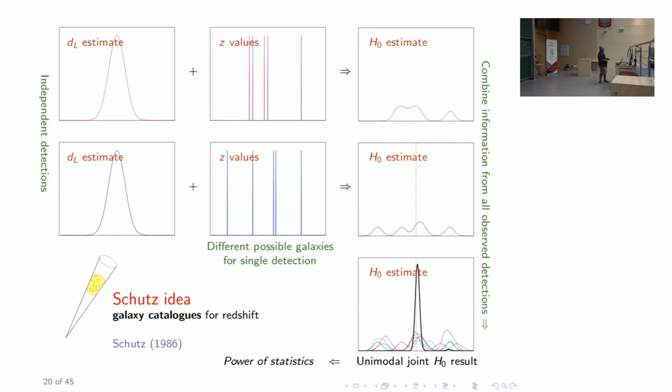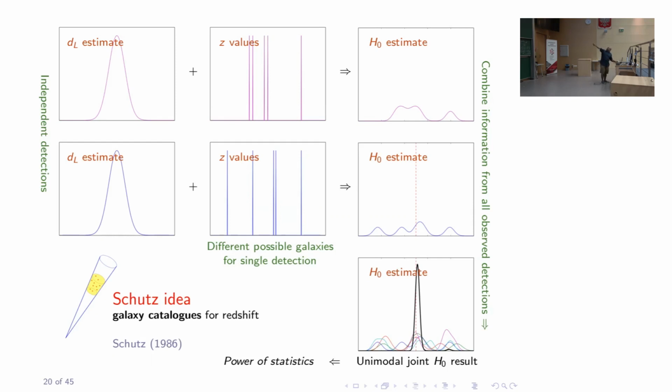A crucial thing that Schutz noted was, of all these peaks that you see, for all of these different detections, one of them would be the right peak at the right location. And all the other peaks, which are due to incorrect associations, they're at random locations.